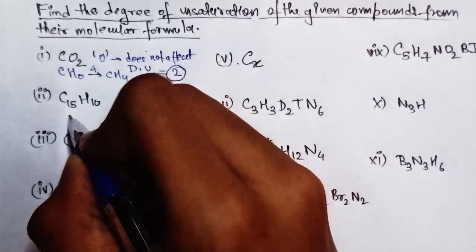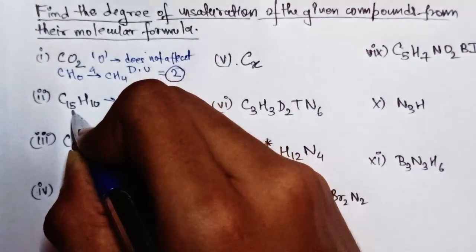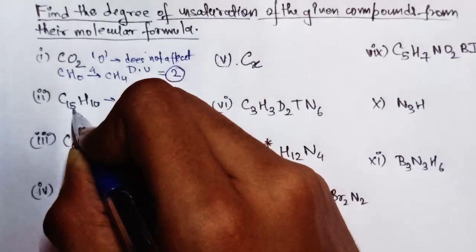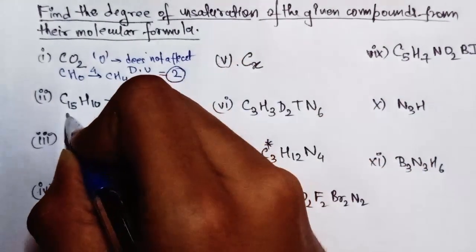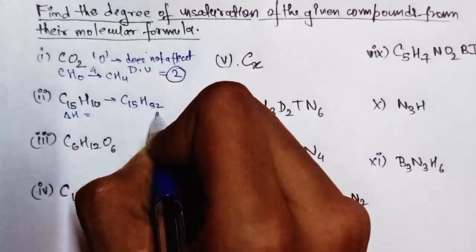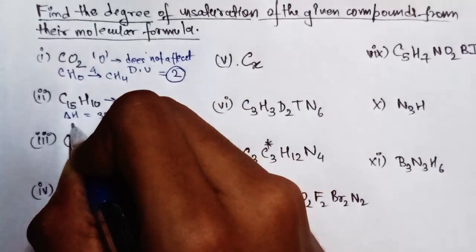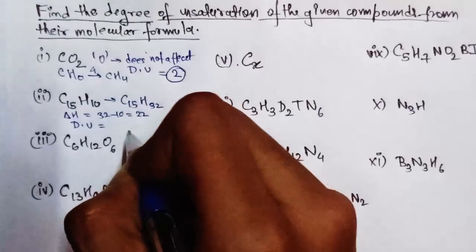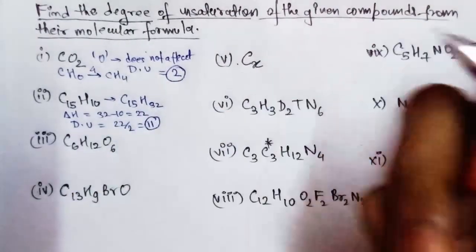For 15 carbons, we require 2n plus 2, means 2 times 15, that is 30 plus 2, 32 hydrogen atoms. Therefore, the difference in number of H atoms is 32 minus 10, that's 22, making the degree of unsaturation equal to 22 upon 2, that's 11.